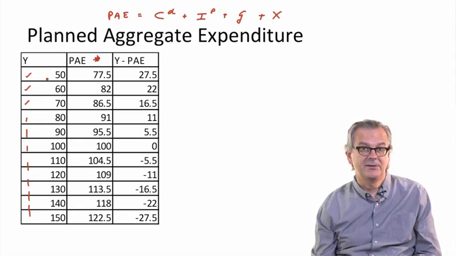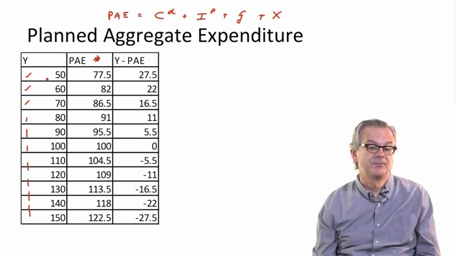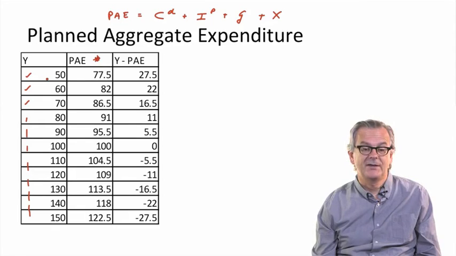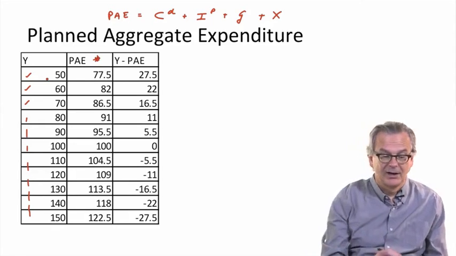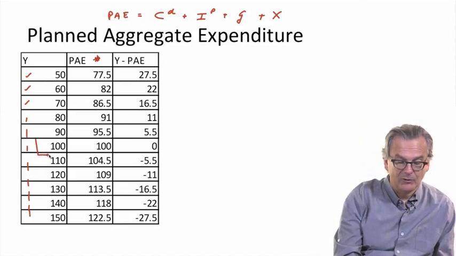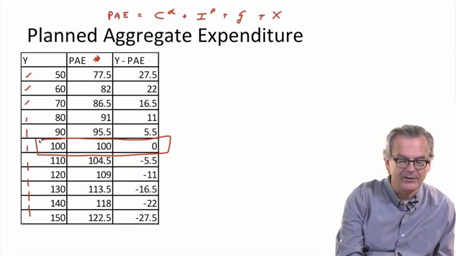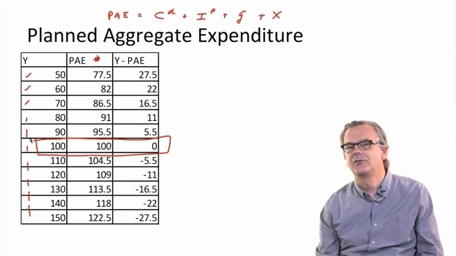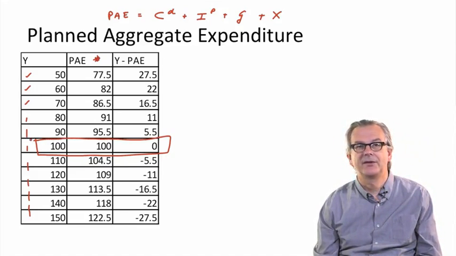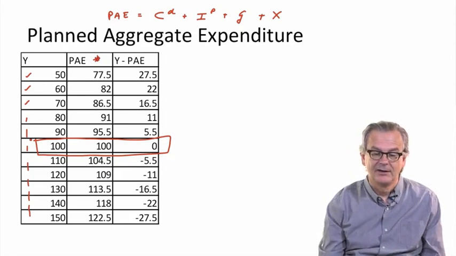Now remember, income, GDP, is the same as output. What the difference between that income flow is and planned aggregate expenditure. And I want you to note there is one and only one instance where there is no difference between the economy's aggregate income and its planned aggregate expenditure.